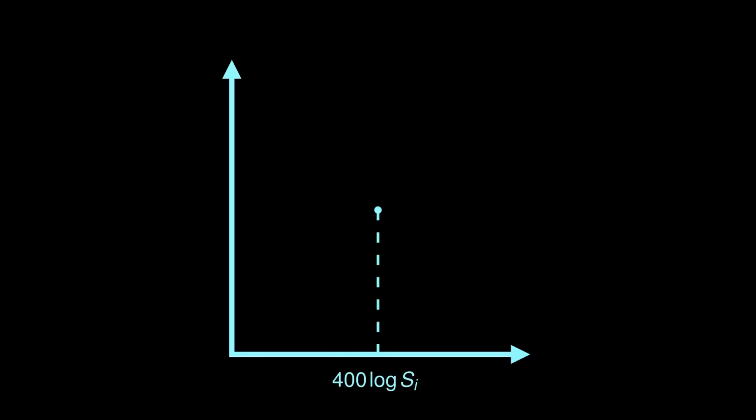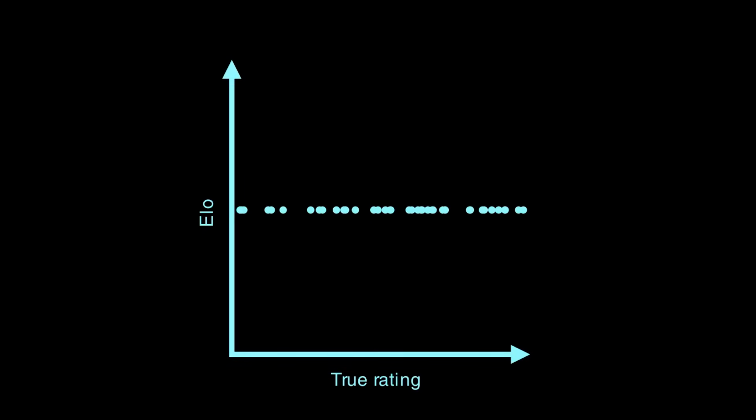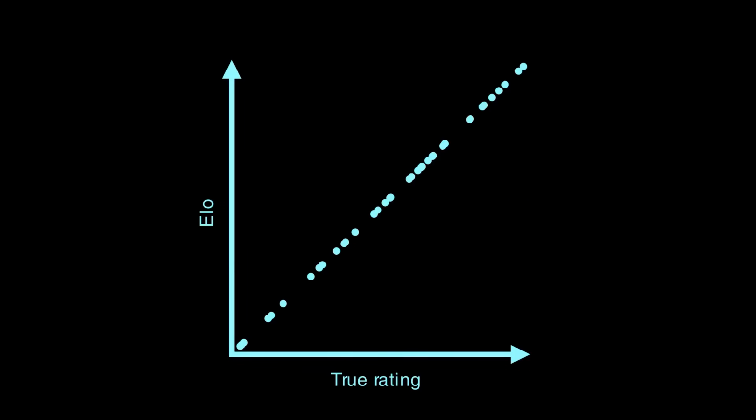We'll know what this value is, because we're generating the strengths, but the Elo update algorithm can't see it. The y-coordinate indicates the current Elo rating, as estimated by the algorithm. All players start at an Elo rating of 1500. What we should see is that as we play more and more games, all of these dots line up on the line y equals x.